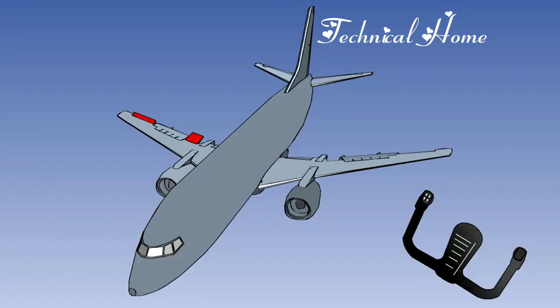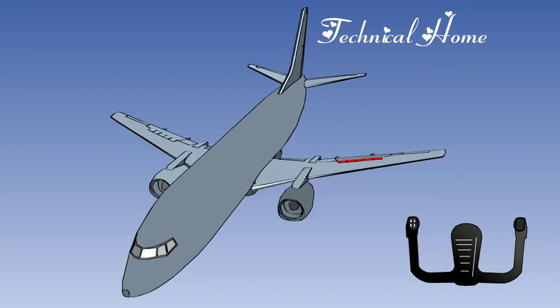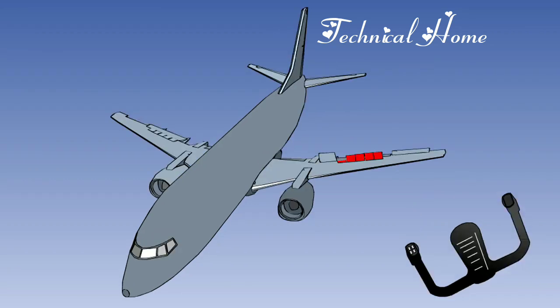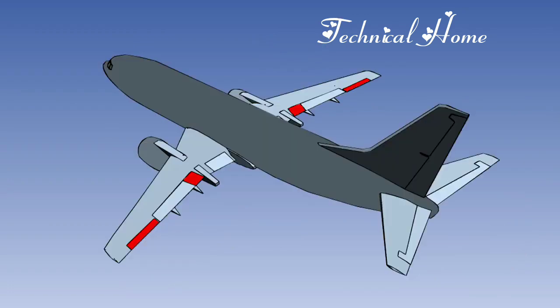That is the end of the lesson. Here are the important points you should take from it. Spoilers may be used for roll control. Remember that the panels on the downgoing wing will deploy, whilst those on the upgoing wing will remain retracted. Inboard ailerons are used to reduce wing twisting for high-speed flight.